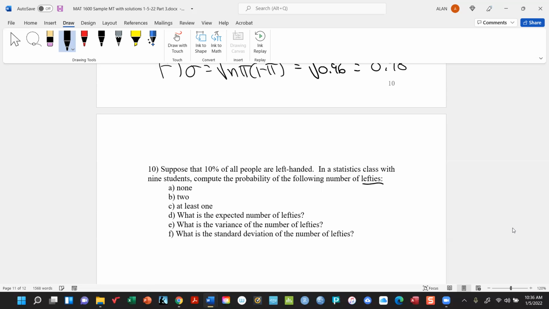The mere fact that it's asking about the probabilities of lefties indicates that you can assume that being a lefty or left-handed is a success.